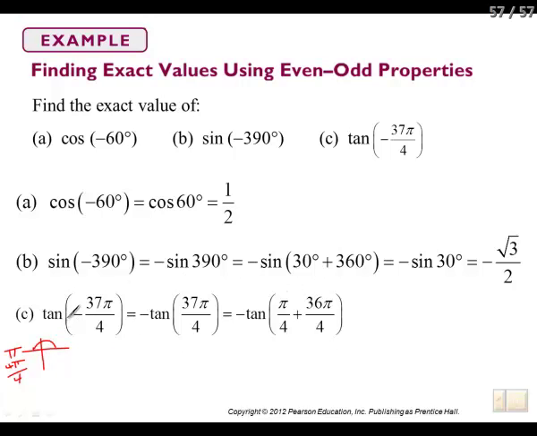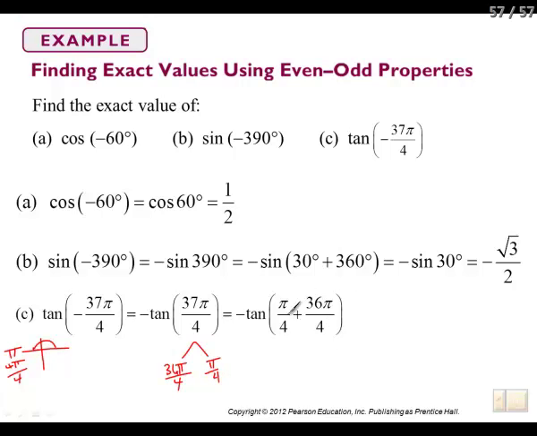Tangent of a negative theta is going to be negative tangent of theta, so that's where the negative tangent of 37 pi over 4 comes in. The next closest multiple of 4 to 37 would be 36, so we can say 36 pi over 4 plus pi over 4.